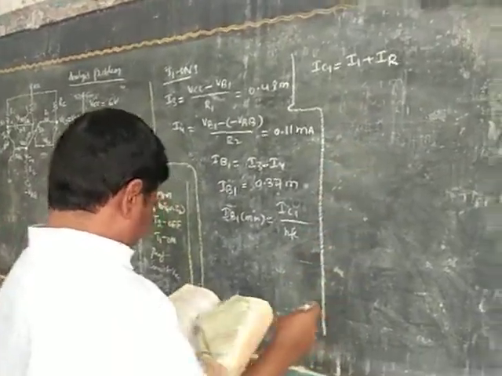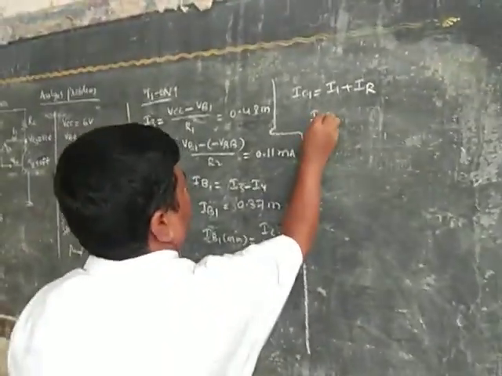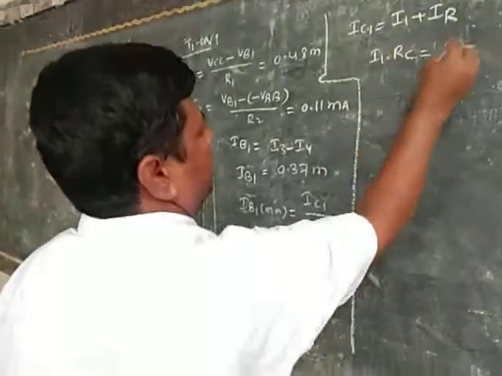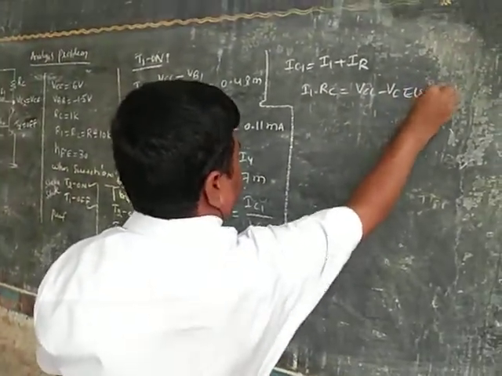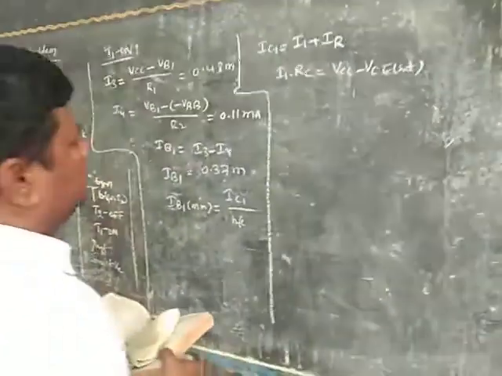Then again, the drop across I1 into RC is equal to VCC minus VCE saturation.